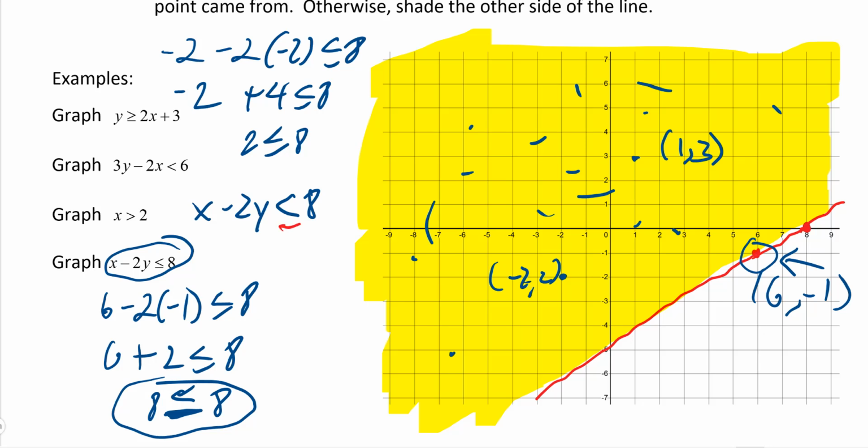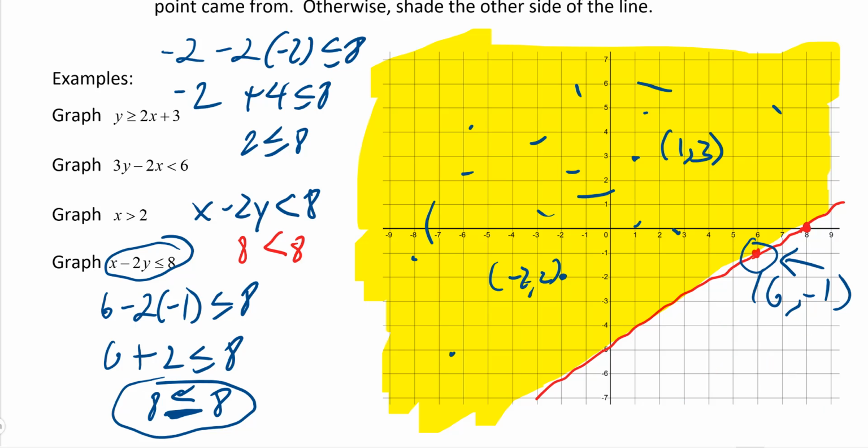Well, then the point we just picked would have given us 8 is less than 8, and that's false. And so the points on the line wouldn't work. That's why you make it a dotted line when you have less than or greater than without the equals on it. And then lastly, all the points in the bottom here aren't supposed to work.